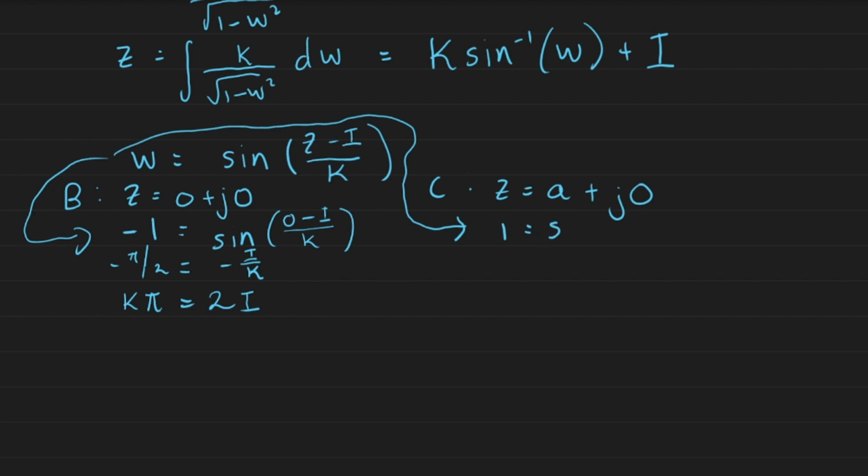And now we have sine of (z minus i), z was equal to a, minus i divided by k. So arcsine 1 is pi over 2, and that's equal to (a minus i) divided by k. So that means that k times pi is equal to 2a minus 2i.